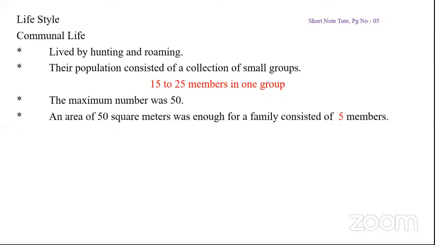There were no groups exceeding 50 members. An area of 50 square meters was enough for a family of 5 members, like father, mother and children. This is a kind of average. These 5 members used an area of 50 square meters.